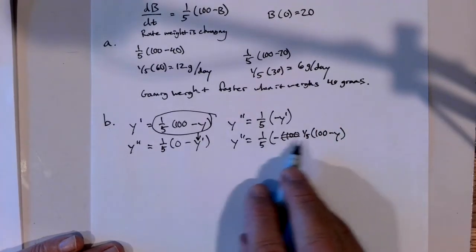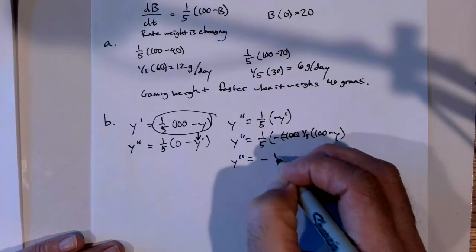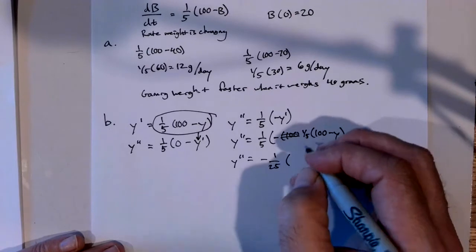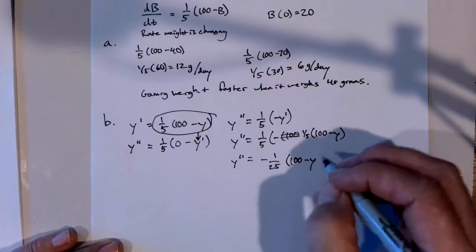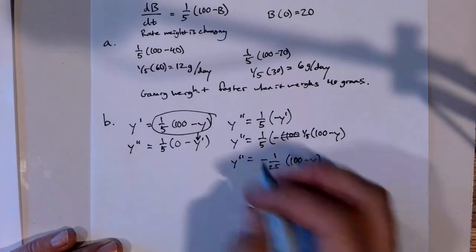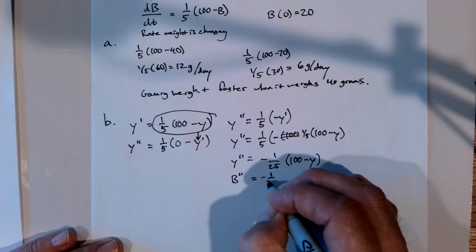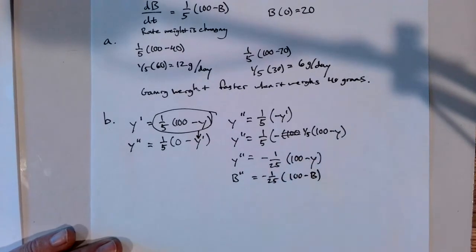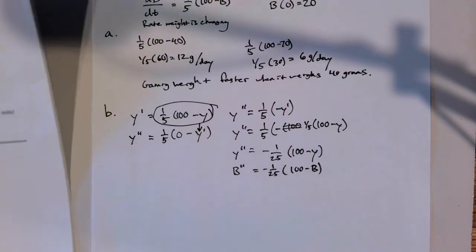And so 1/5 times negative 1/5 is y double prime is equal to negative 1 over 25 times 100 minus y. Now it says to solve in terms of b. I left it as y just so you guys could understand, but this means that b double prime is equal to negative 1 over 25 times 100 minus b. And so that's the second derivative. That's the second derivative, okay?